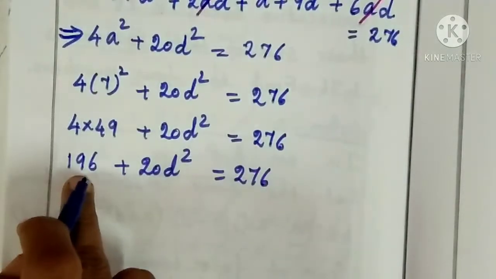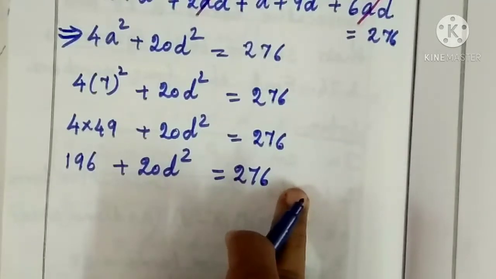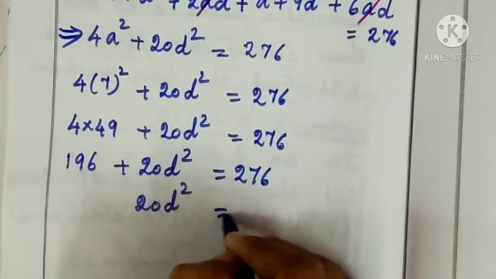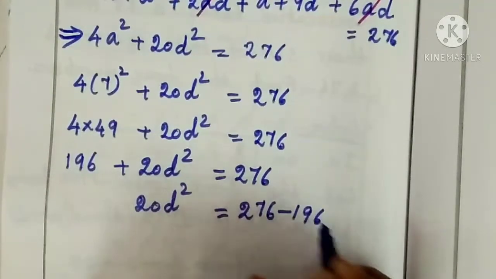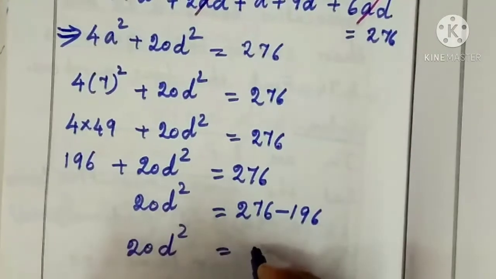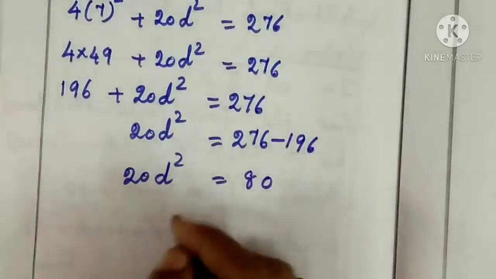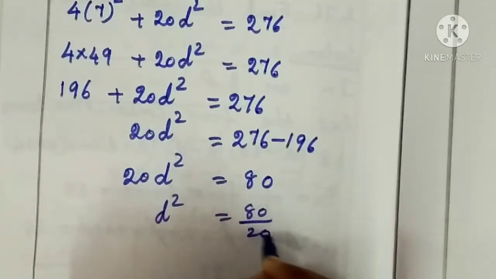Now you have to transpose this 196 across the equal sign, so it becomes minus. That is 20d squared is equal to 276 minus 196, which is 20d squared is equal to 80. Therefore, d squared is equal to 80 by 20.